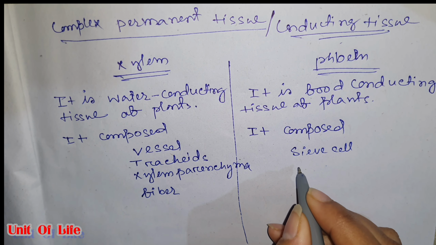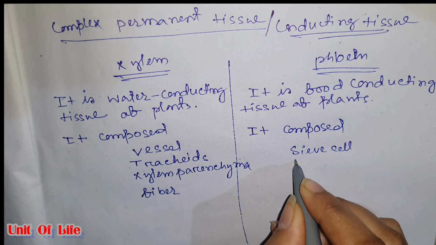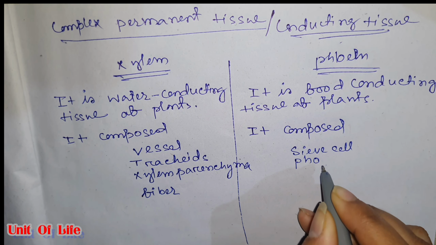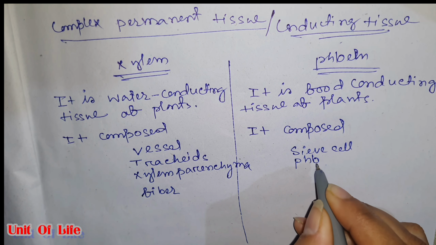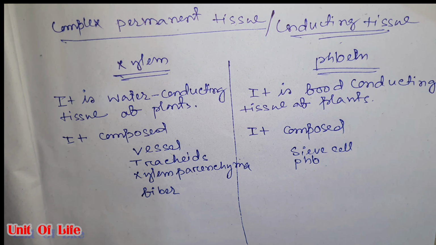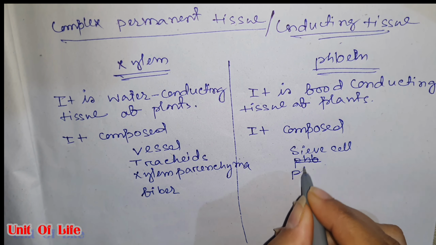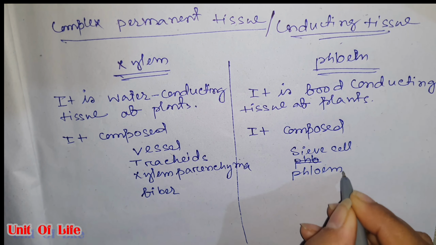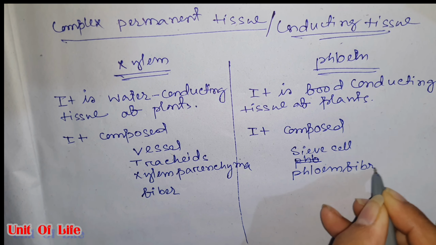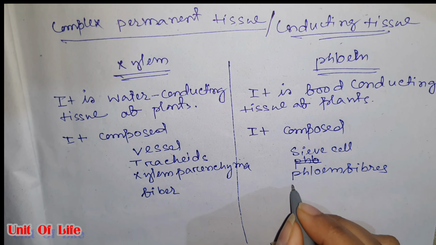So xylem is dead and its cell division is permanently stopped, but phloem is living and its cell division is only temporarily stopped. Xylem is located on the inner side of the vascular bundle, and phloem is located on the outer side of the vascular bundle.